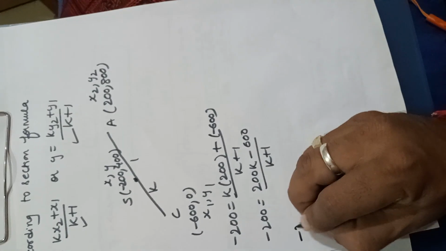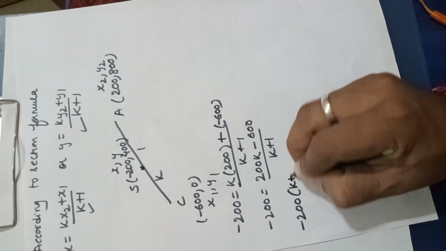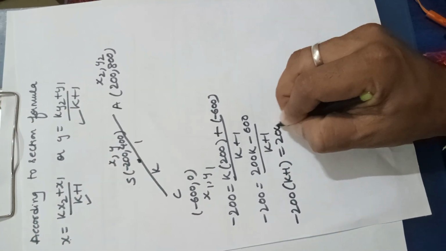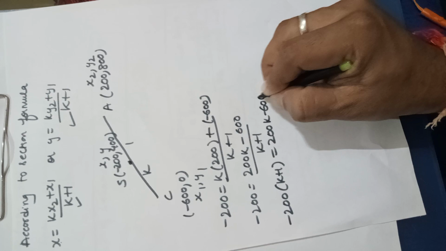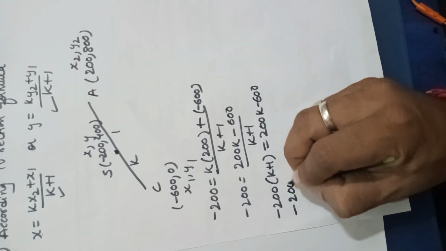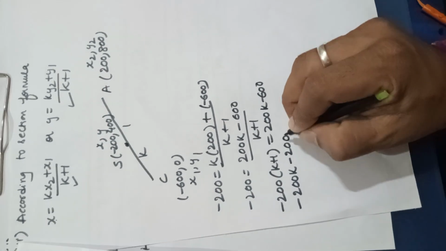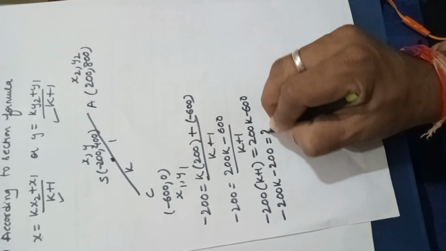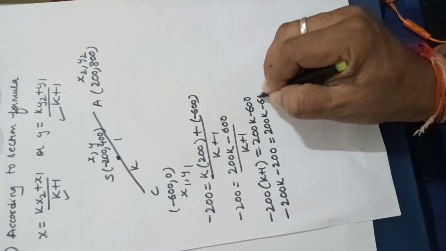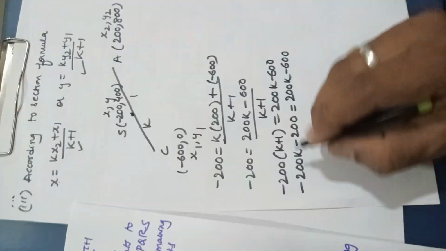So cross multiply this. 200 into k plus 1 will be equal to 200k minus 600. So this will be minus 200k, minus into plus will be minus, minus 200. This will be equal to 200k minus 600. Don't be in a hurry and cancel minus 200k and plus 200k. They are not equal, so you cannot cancel.